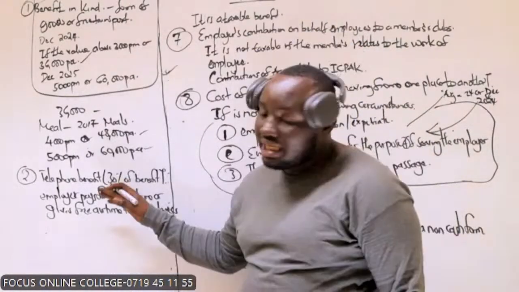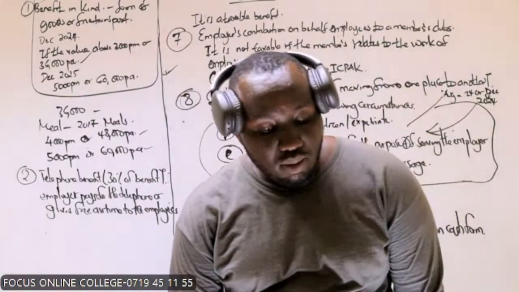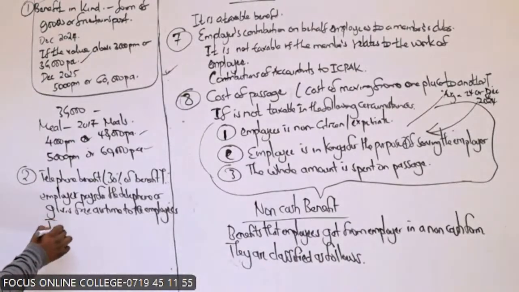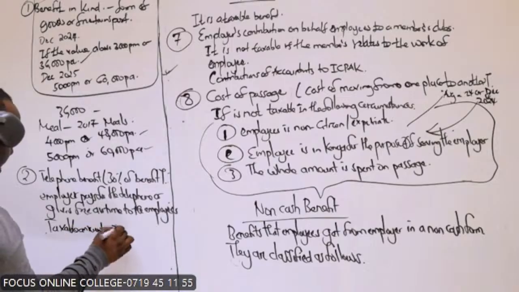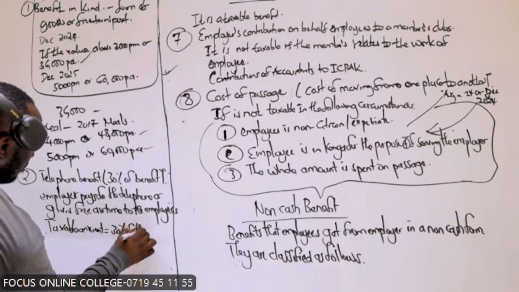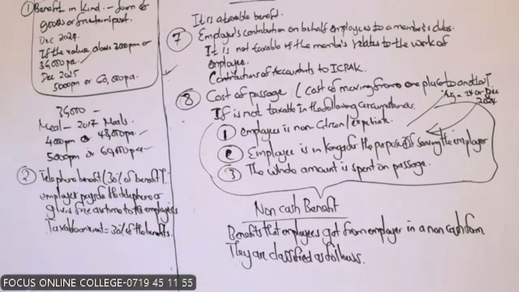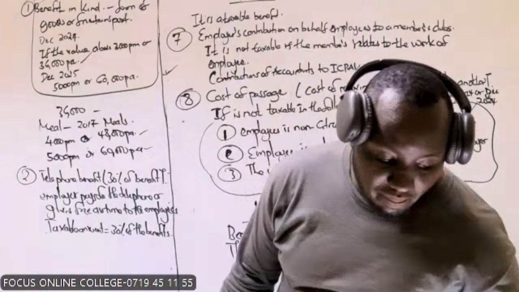So how do we tax it? The taxable amount is 30% of the bill, that is, 30% of the benefit.